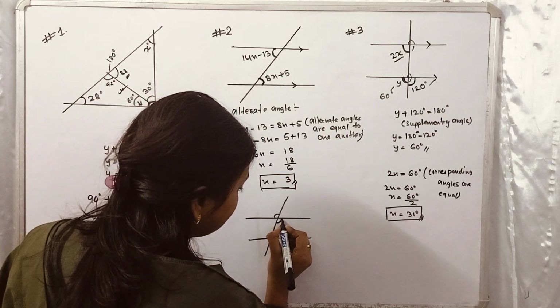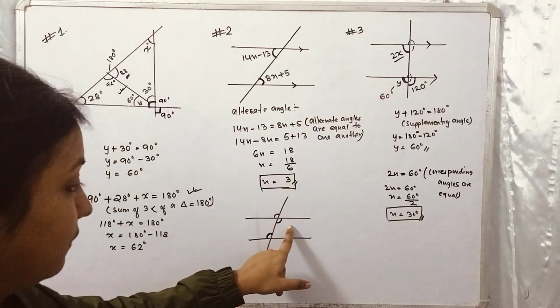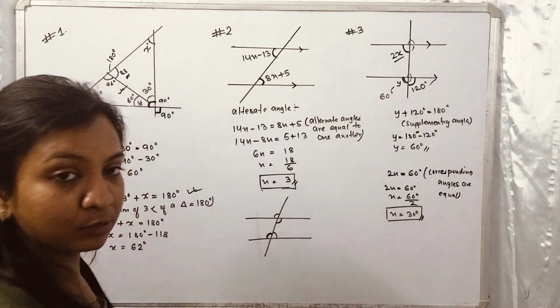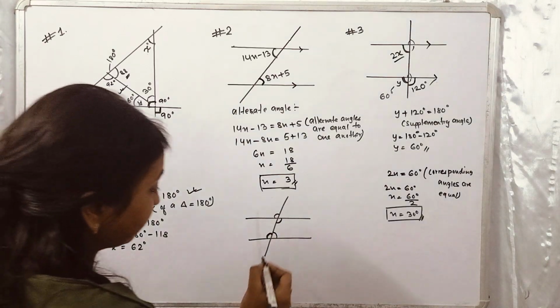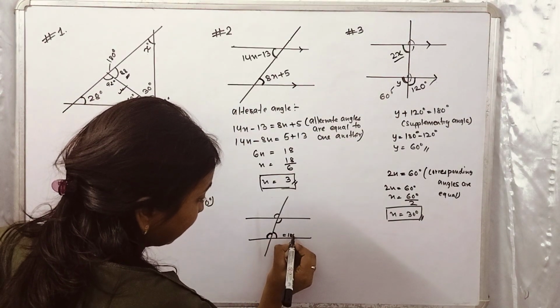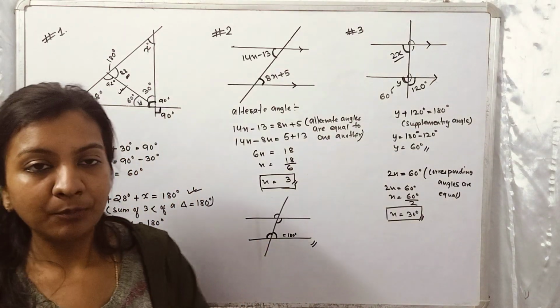This angle will always be alternate to this angle, and both will be equal to one another. But supplementary angles say that this angle plus this angle will always equal 180 degrees. So I think this video is helpful.